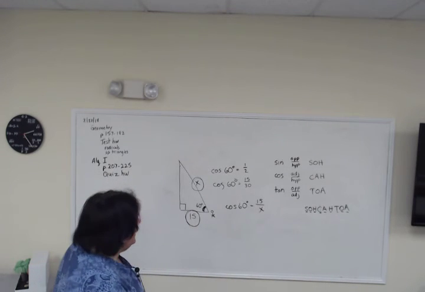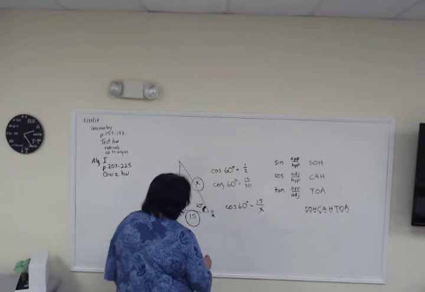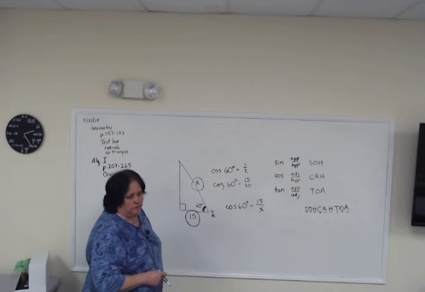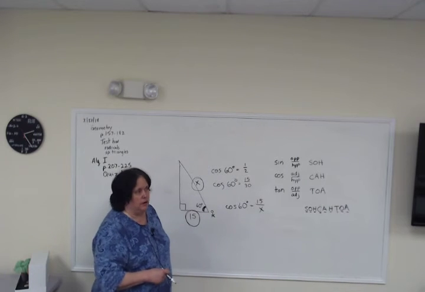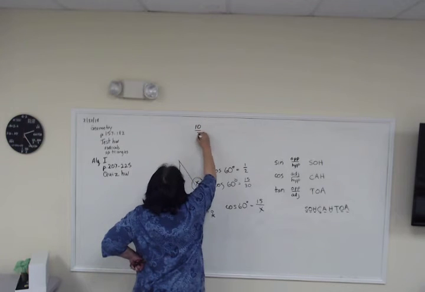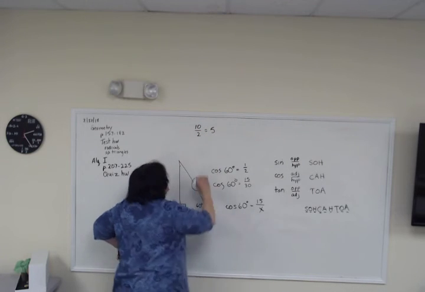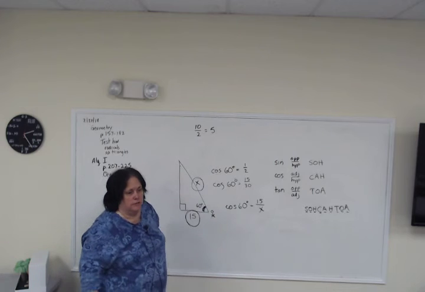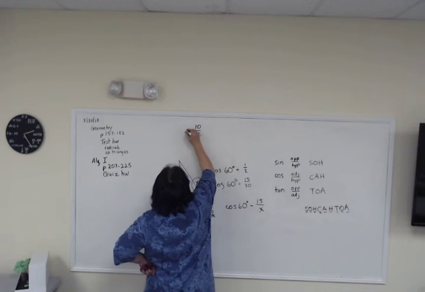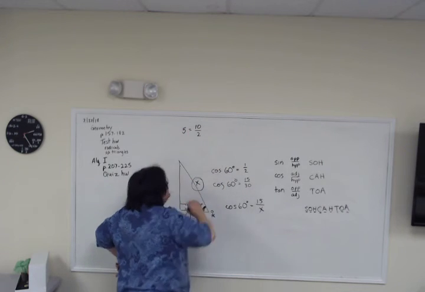Okay, so now I need to get x alone. Now, take a look at this. 10 over 2 equals 5, doesn't it? 5 equals 10 divided by 2.